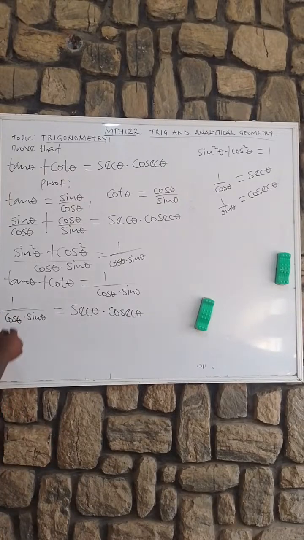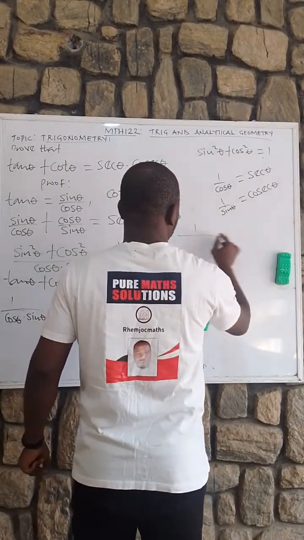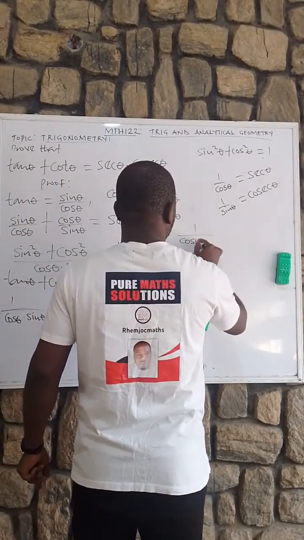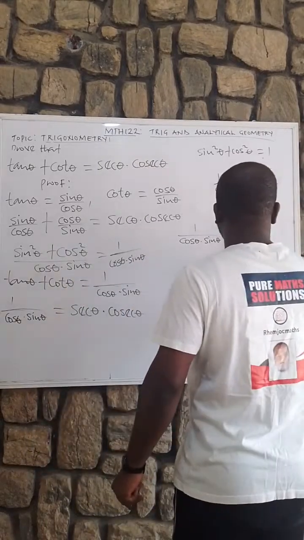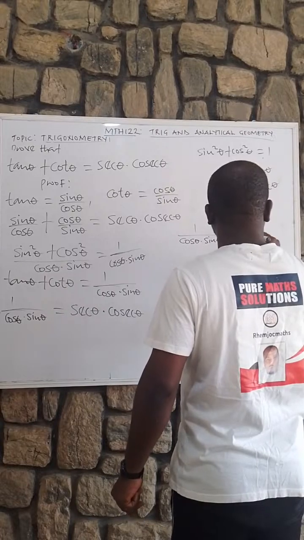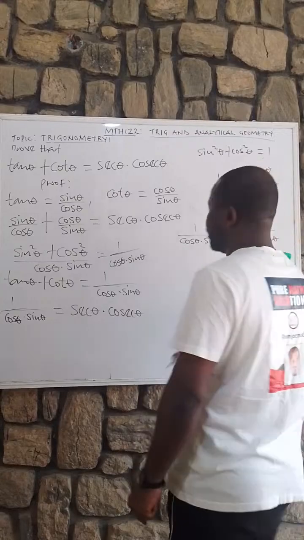You know that 1 all over cos theta times sin theta is the same as 1 all over cos theta times 1 all over sin theta.